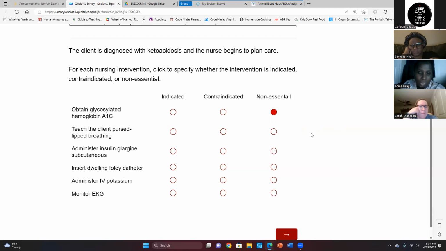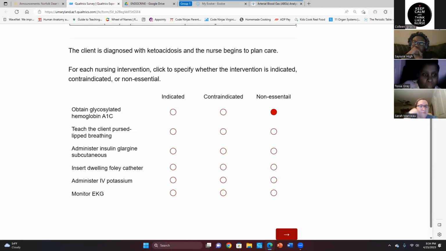Well, at this point, it's not really essential because we already know what their sugar is. So you're saying non-essential. Right, because we're in a crisis situation. Yes, and you're thinking correctly, because this patient is not stable. We got to get this patient stabilized. What is the most important?